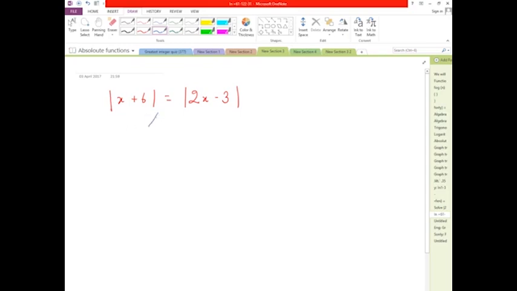Because if you break it down, this is only true if 2x minus 3 is less than 0, and this is true if 2x minus 3 is greater than 0, and then you'll need to break it down again.